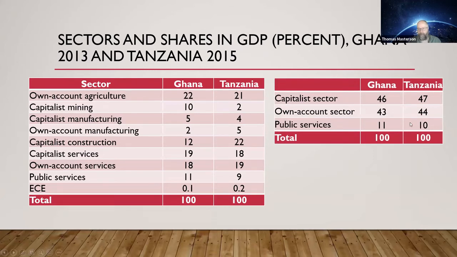And then public services are 11 and 10%. So that's just adding up the own account and capitalist sectors, right? So capitalist mining, manufacturing, construction, and services account for 46% in Ghana and 47% in Tanzania. Okay.